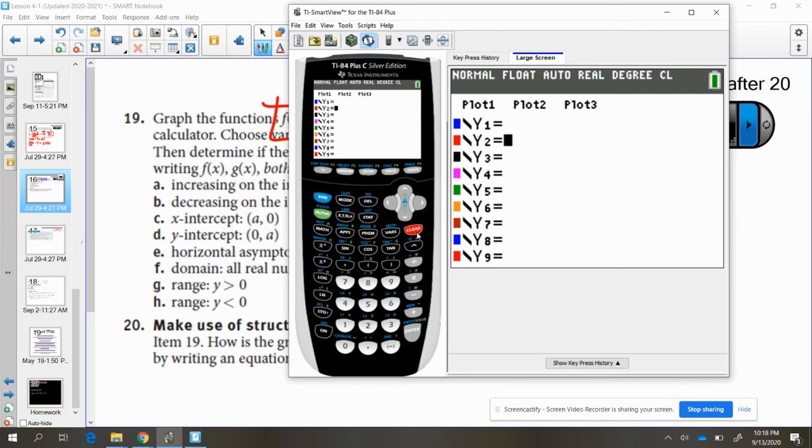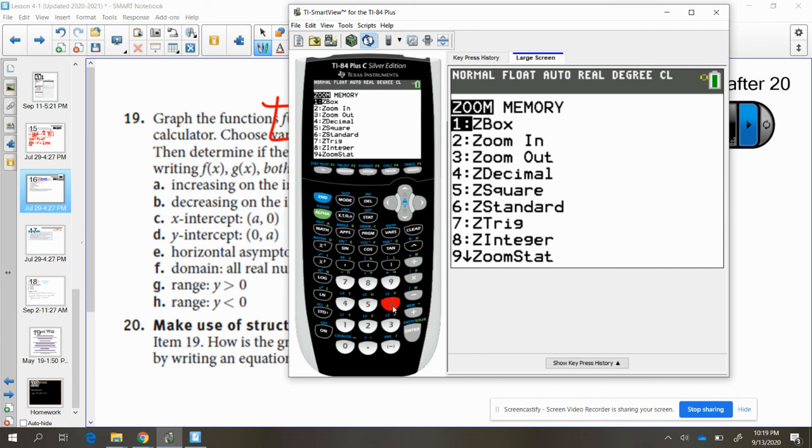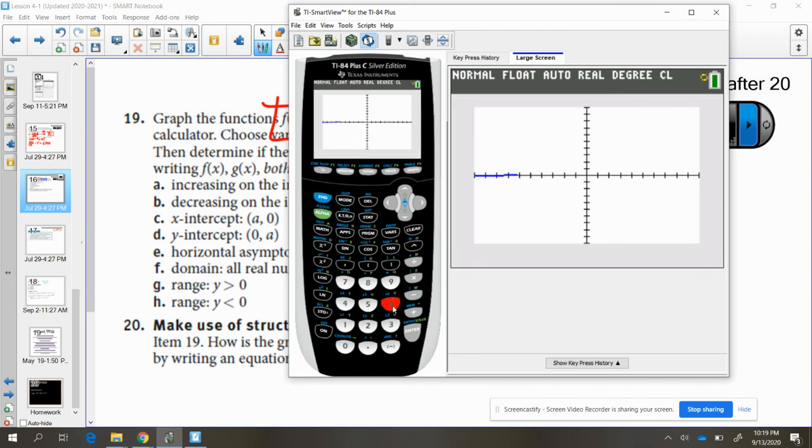I'm going to choose a to be 10, b to be 2. So we have 10 times 2 to the x, and then we're also going to look at 10 times 2 to the negative x, with these parentheses there. And then I'm just going to zoom 6 to get this back into standard view, so we don't have our crazy big scale anymore.